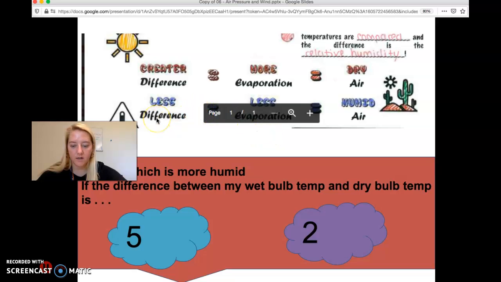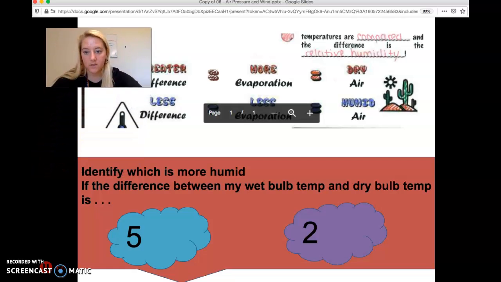Now, in contrast, if I am whirling around my sling psychrometer and I have a very little difference between the wet bulb temperature and the dry bulb temperature, that means that there is less evaporation, there's less space in the air for my water molecules to evaporate. That means it's very humid.